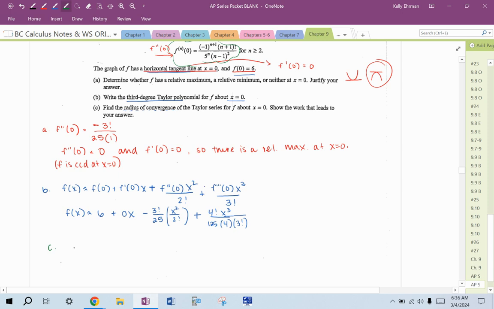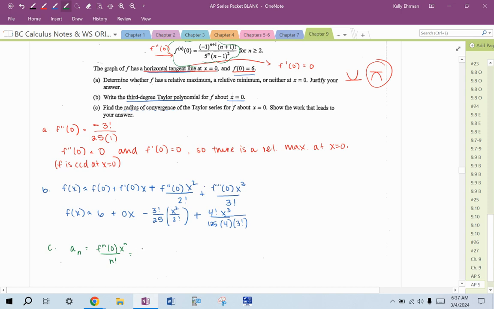So first of all, let's figure out what our nth term is. So we're doing the limit. Well, no, sorry. I'm going to write out the general term. So what is that general term? That's going to be the nth derivative at 0 times x to the n over n factorial.